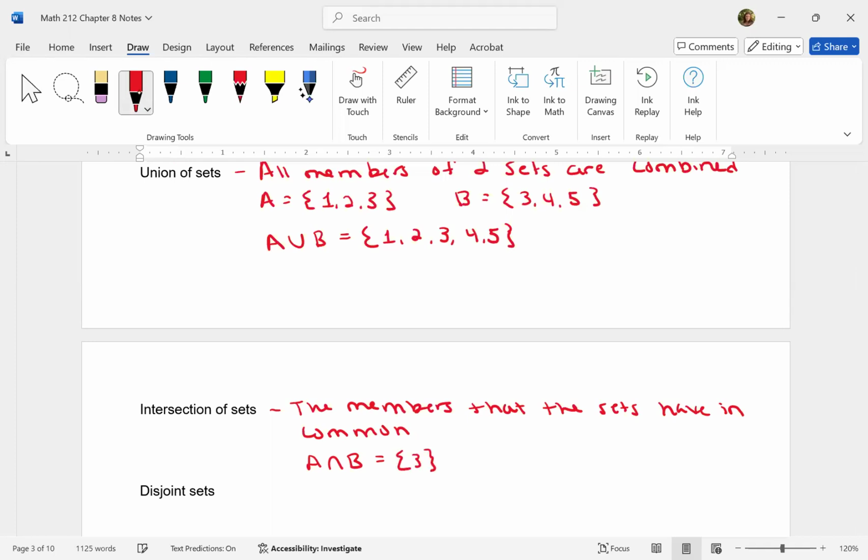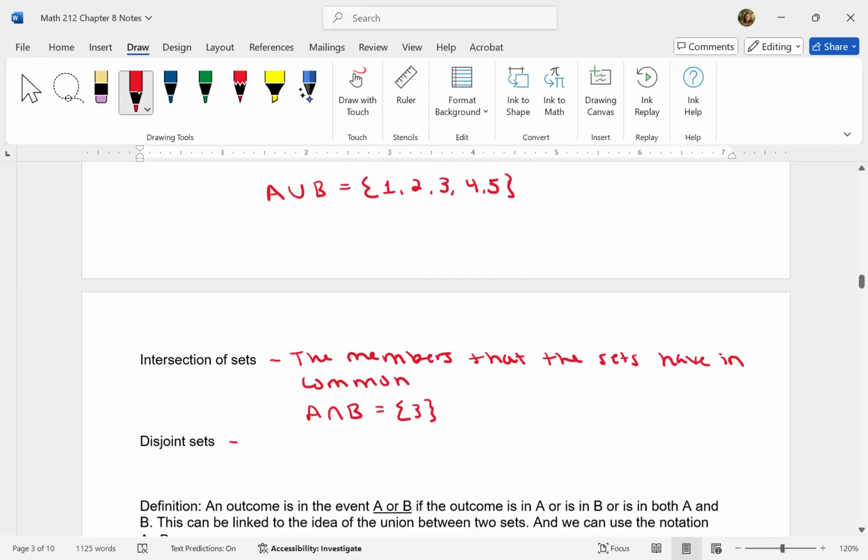So there we list 3. Disjoint sets are sets that have no members in common. So that was just some terminology we had talked about to review, because we're going to see that notation again here when we're looking at these compound events.